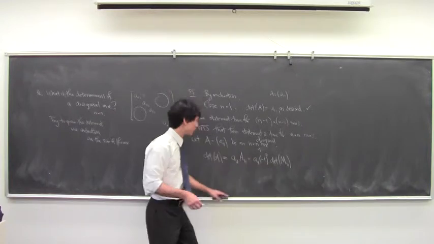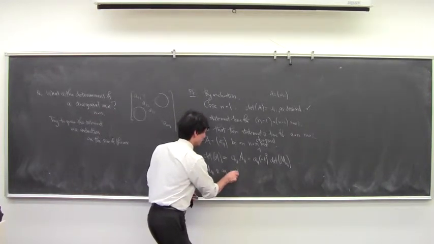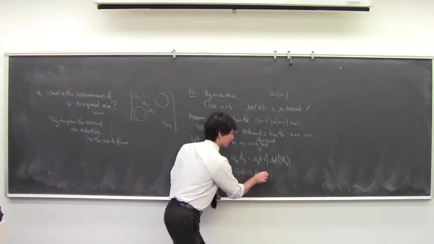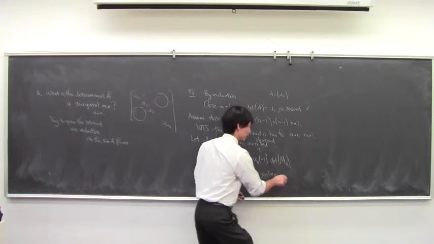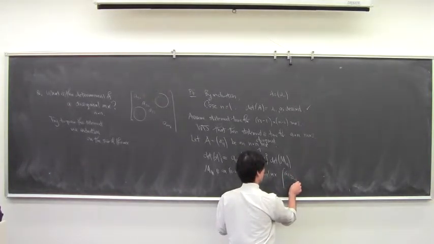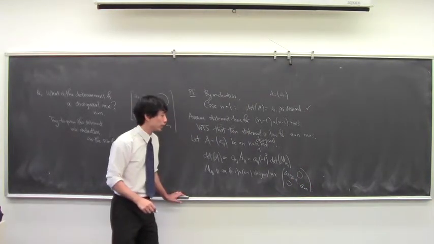Yeah. So M11 is an n minus 1 by n minus 1 diagonal matrix. It's the matrix A22 down to ANN.